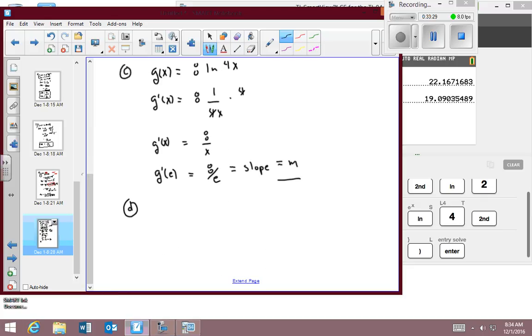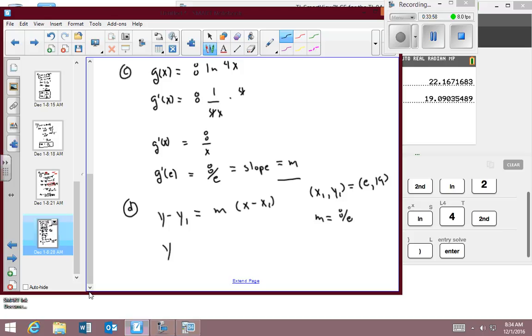So what we do is y minus y1 equals m times x minus x1, where (x1, y1) is (e, 19) approximately, and m equals 8 over e.